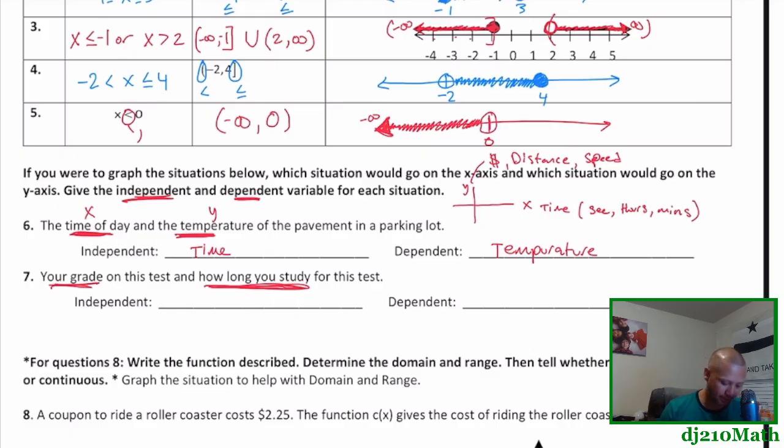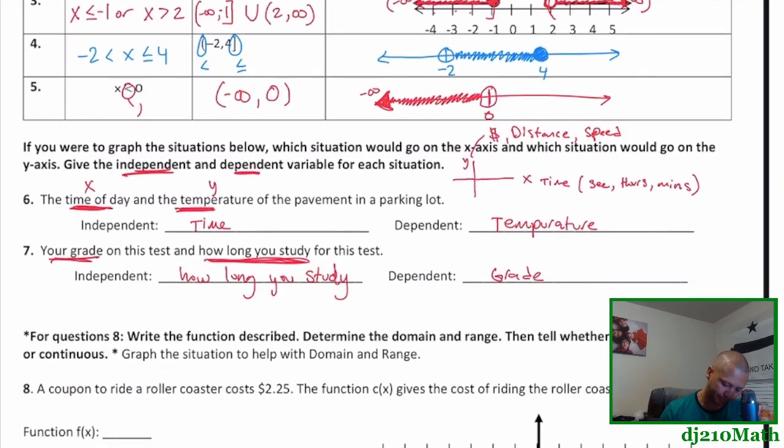I think it's feasible that your grade is going to depend on how long you study for. So how long you study is independent. And the grade is dependent. Your grade is dependent on how long you study.